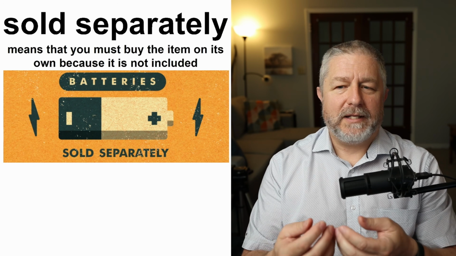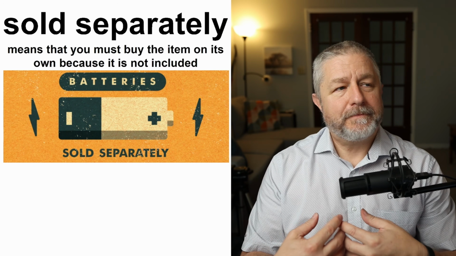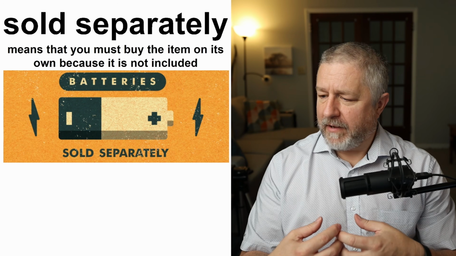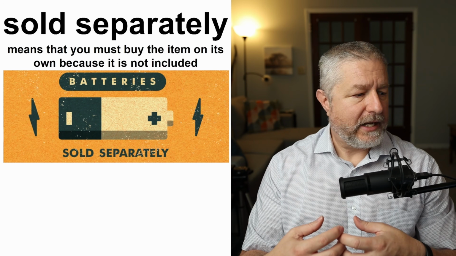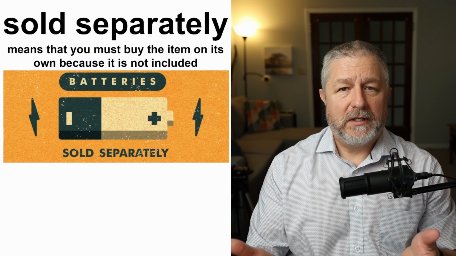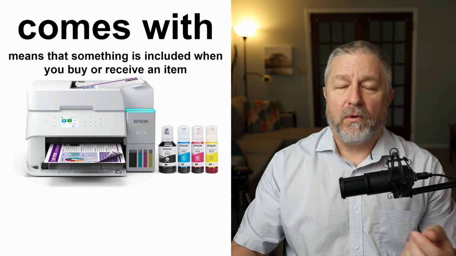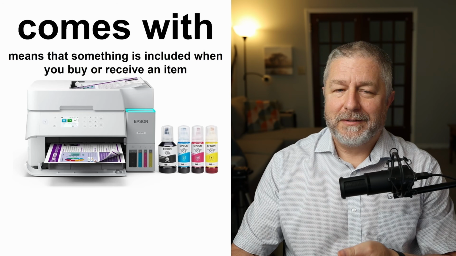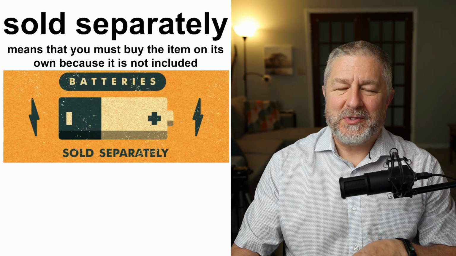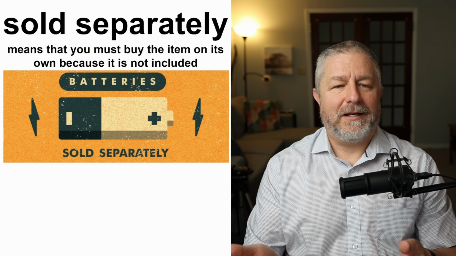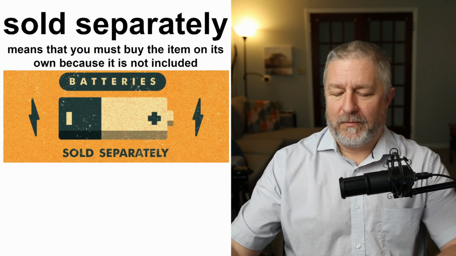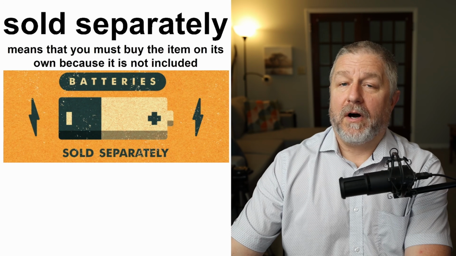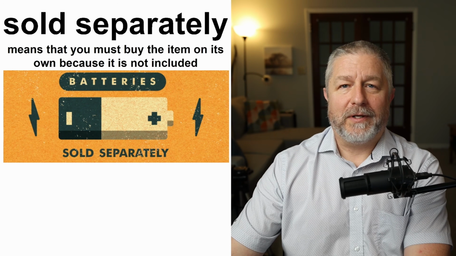And so we don't have very many things anymore that need batteries. Maybe remote controls. So if you buy a remote control, it comes with batteries usually. For some reason, remote controls do. But if you buy a toy, it might say batteries sold separately, which means that you must buy the item on its own because it is not included.